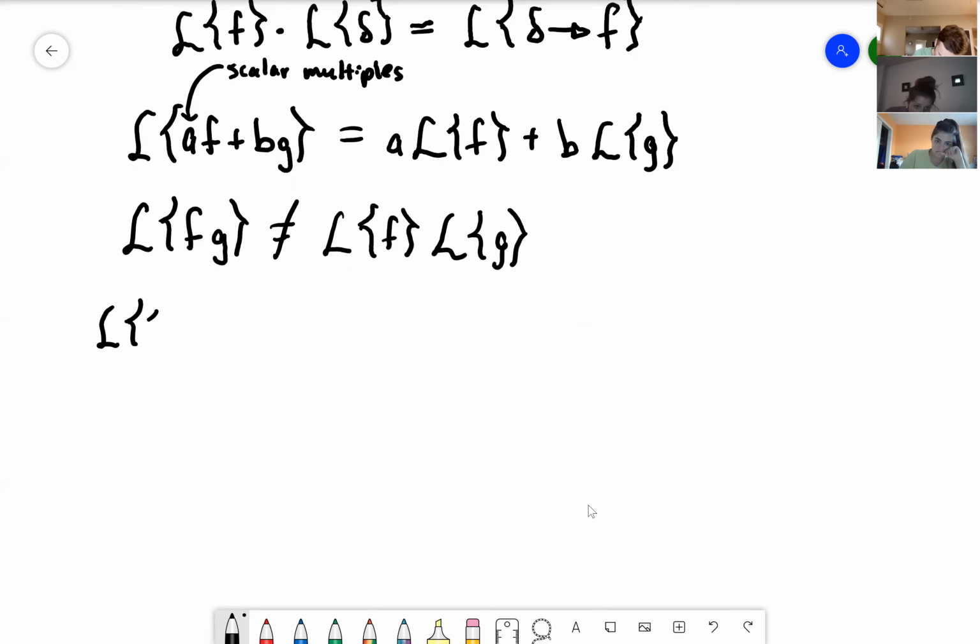The Laplace transform of 1. What was this? I remember, the pop quiz.